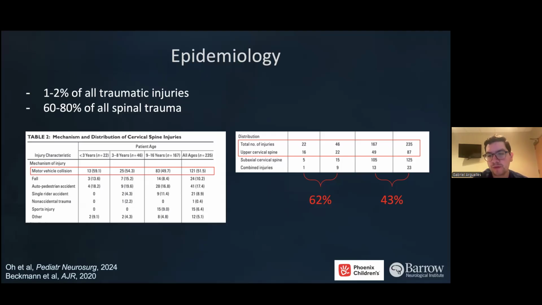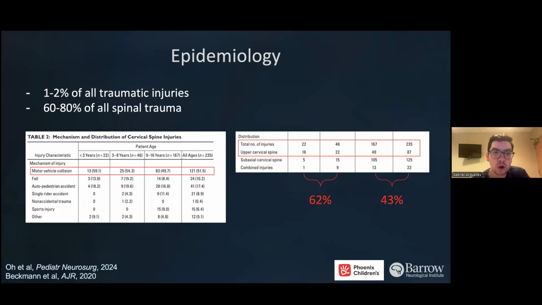If you group the first two columns together and look at the percentage of all of these injuries over this 12-year experience that were in the upper cervical spine, so what we're talking about today, O to C2, that was pretty much two-thirds of those injuries in kids less than 8.